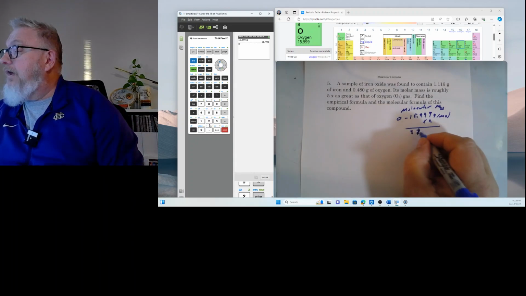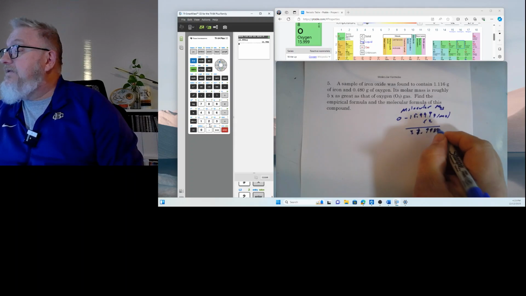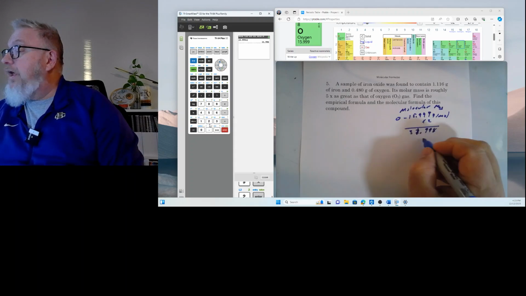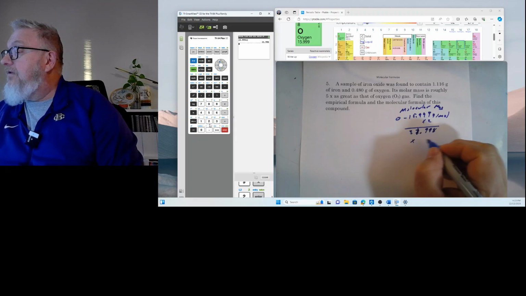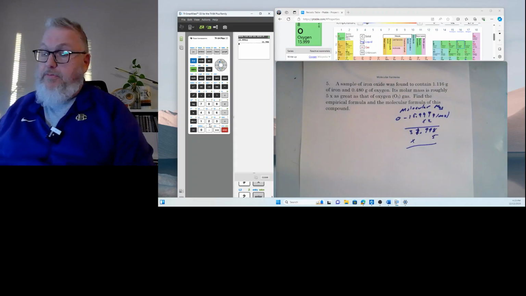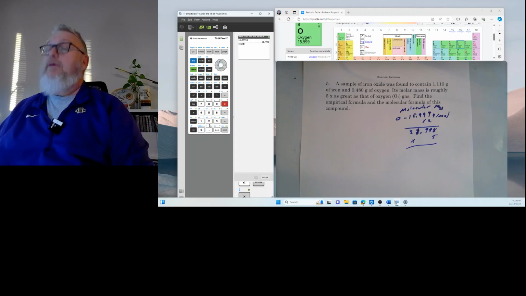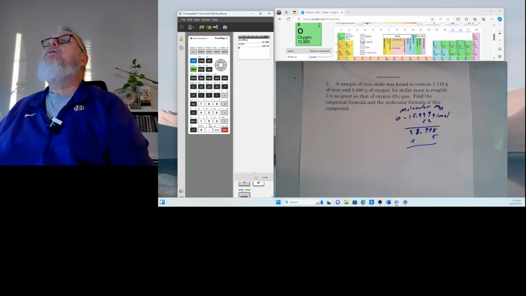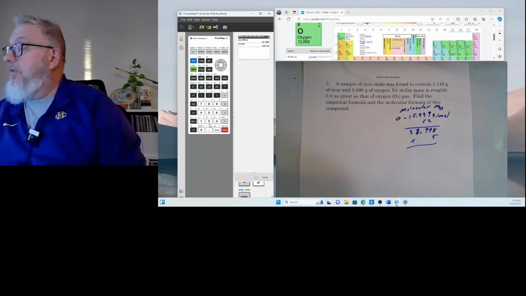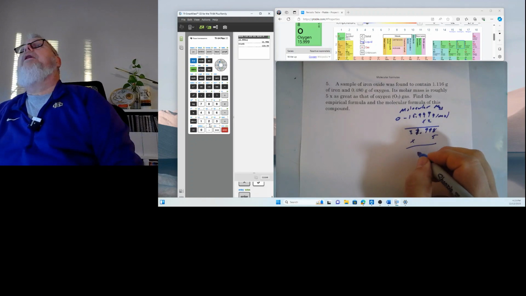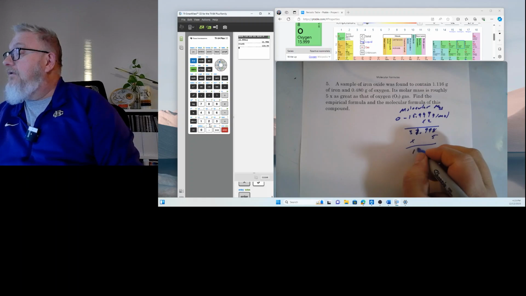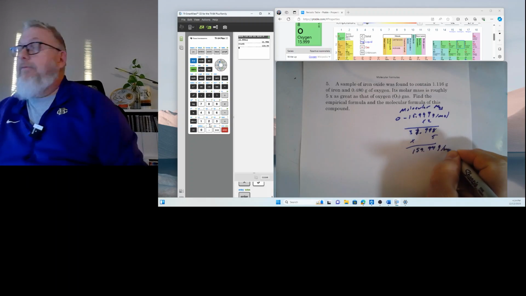It says that it's 5 times as great as this mass, so let's multiply by 5. So the formula mass, or the molecular molar mass, is going to be around 159.99 grams per mole. Okay, we found that.